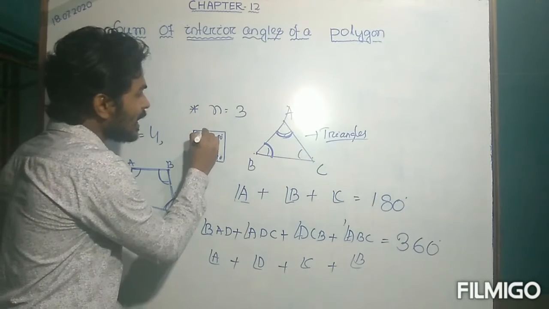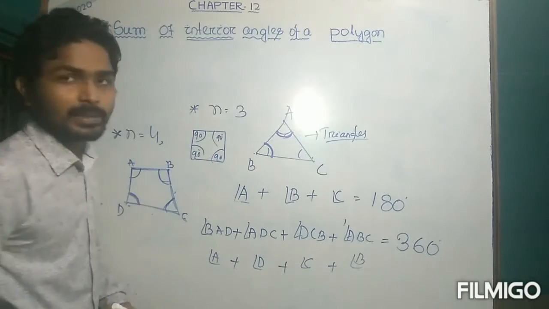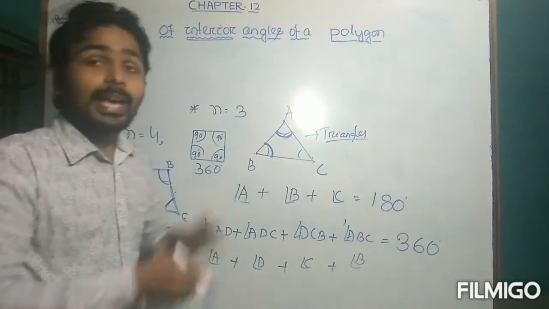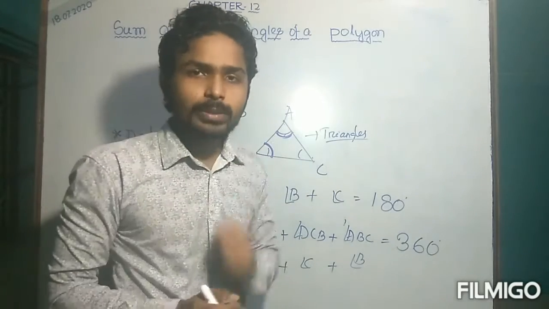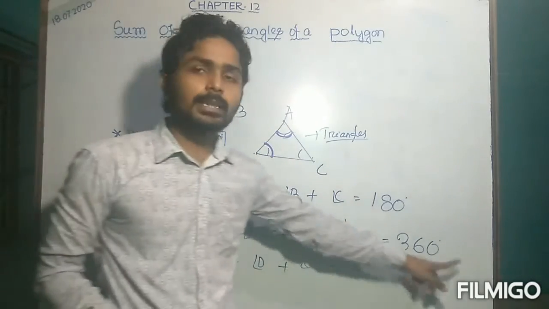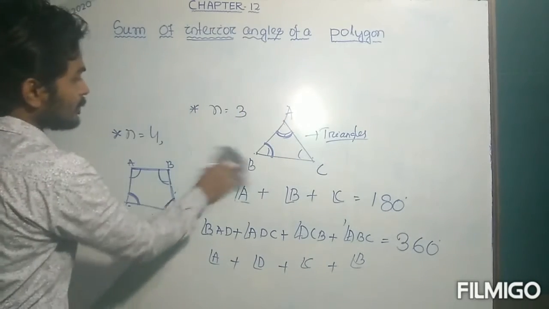It is also a quadrilateral. So 90 plus 90 plus 90 plus 90 is 360 degrees. That means for any quadrilateral or any polygon which has 4 sides, the sum of the interior angles is equal to 360 degrees.